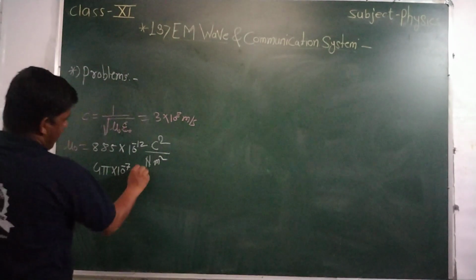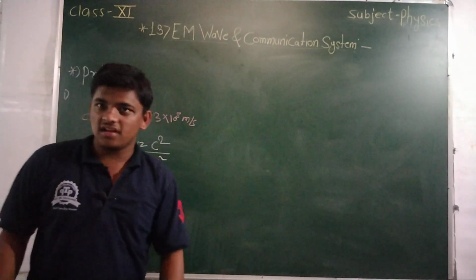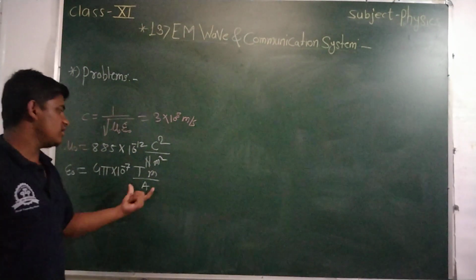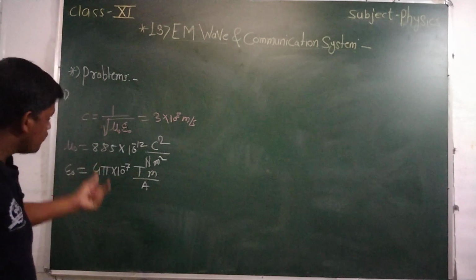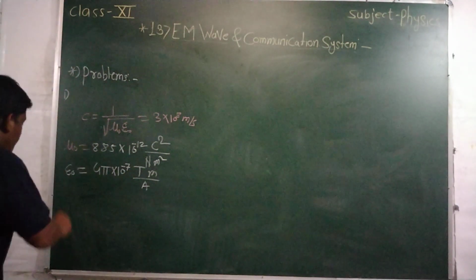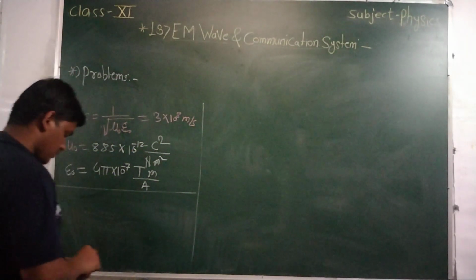That is Tesla meter per ampere. This is the SI unit of this, and we substitute the values here and calculate the speed of electromagnetic waves. This is problem number 1.